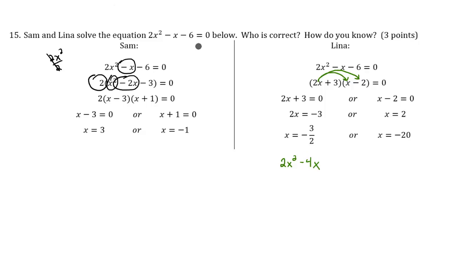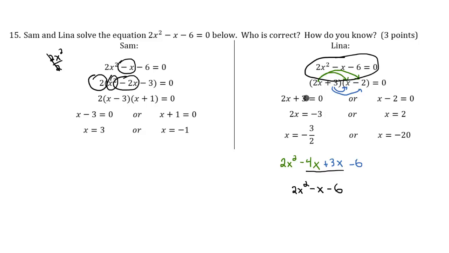And then we can distribute this 3 with the x and this 3 with the negative 2. That gives us plus 3x minus 6. Combine all these like terms, we're left with 2x squared minus x, because these two can be combined, and then a minus 6, and that was our starting trinomial right here.